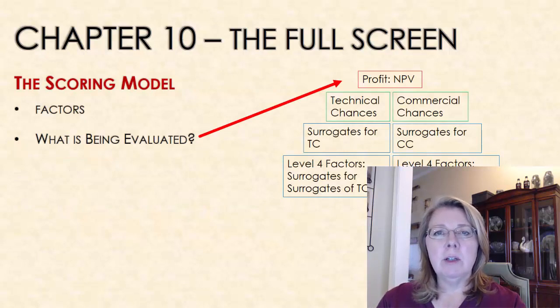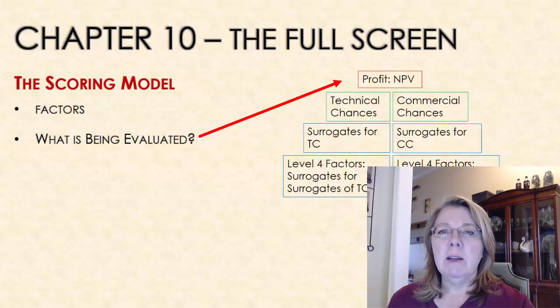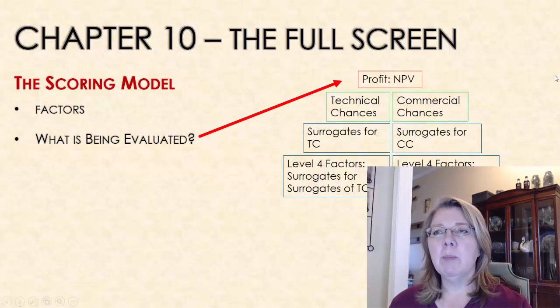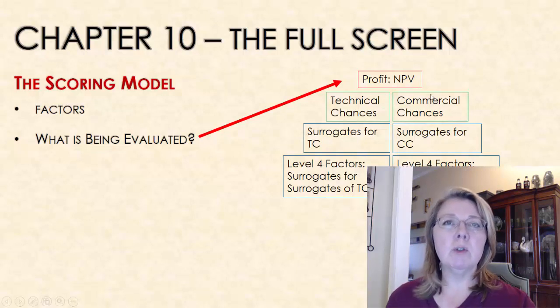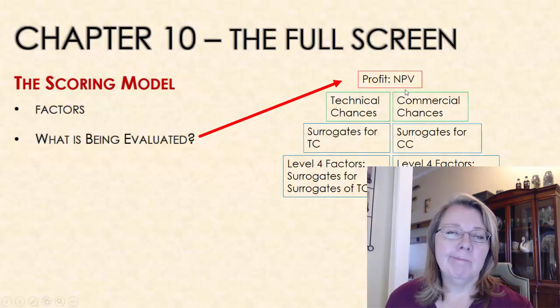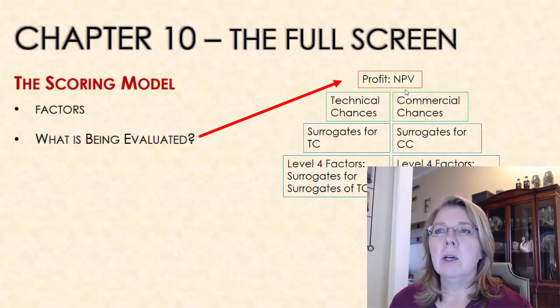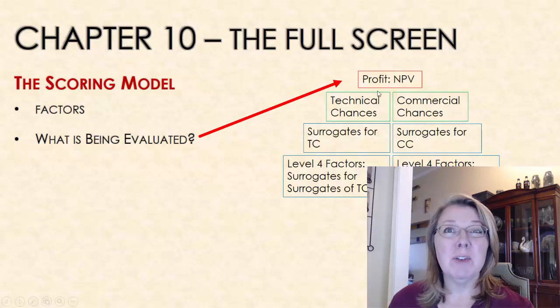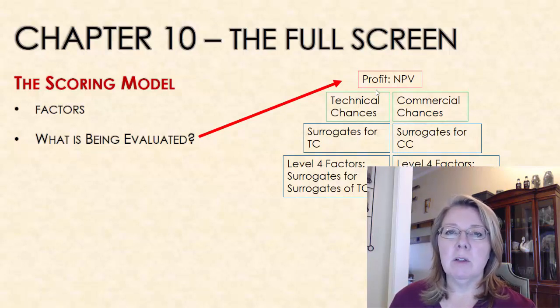So what you're really doing here with the full screen scoring model is trying to get at which products have the potential to be profitable for you, and which ones are most likely to be profitable for you. And so in order to get at that value, or that score, because we cannot estimate profit or determine profit directly, we are estimating what our profit potential is based on surrogates.